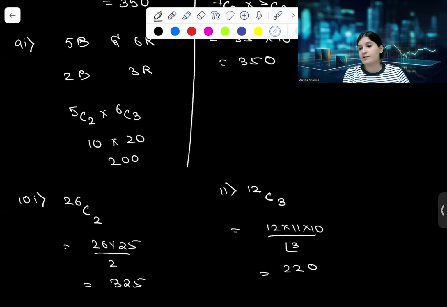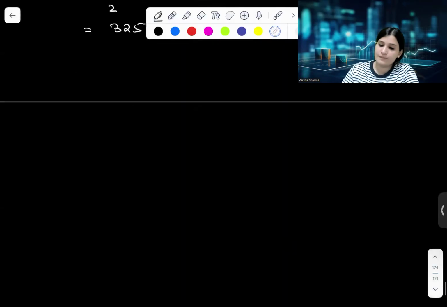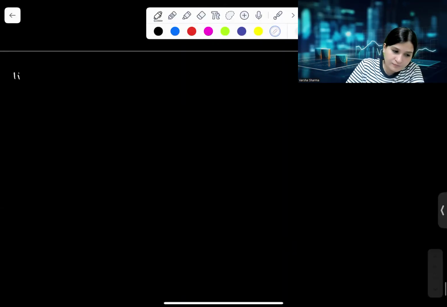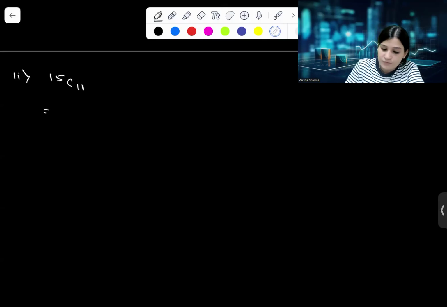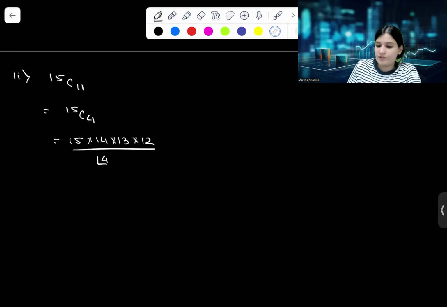Try the first four sums now. 1, 2, 3, 4. Number 1, 15C11, same as 15C4. 15 into 14 into 13 into 12 by factorial 4.